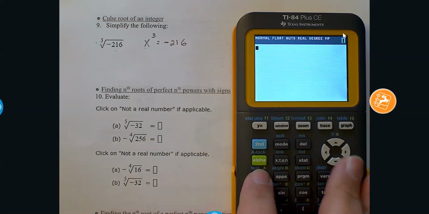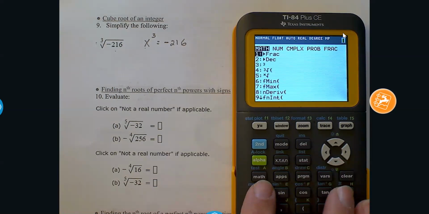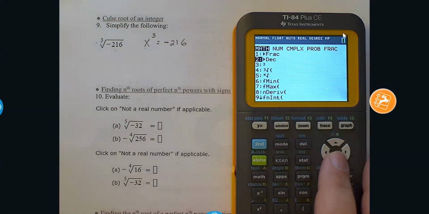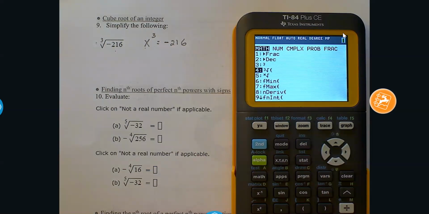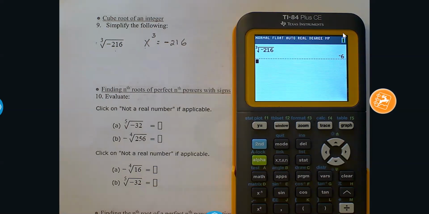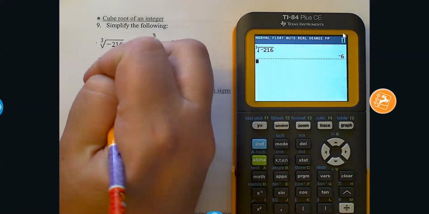If you hit math, the math button right here, and then you scroll down to number 4, it already has the cube root in it. So if you select number 4, we have the cube root of, and it gives you a little square. We have to enter in -216. Now the cube root of -216 is -6.